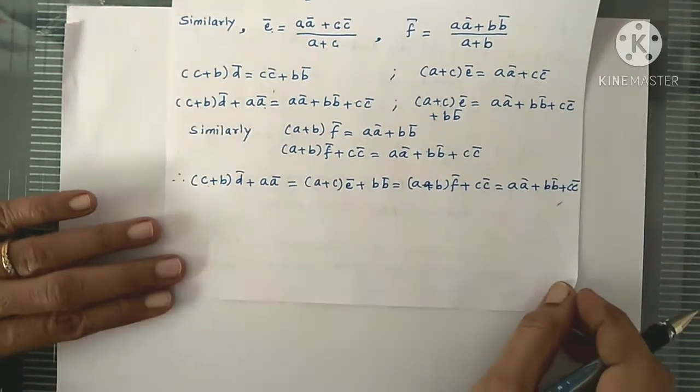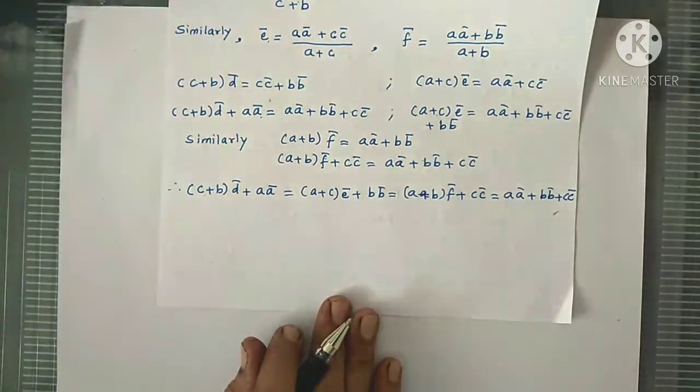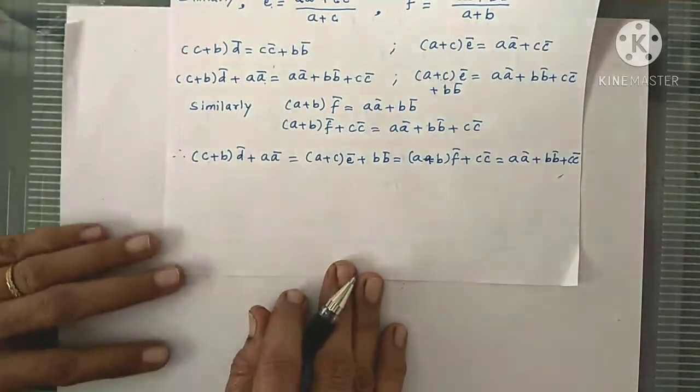So let's divide this equation by A + B + C. But everywhere the arrangement of A + B + C is different.